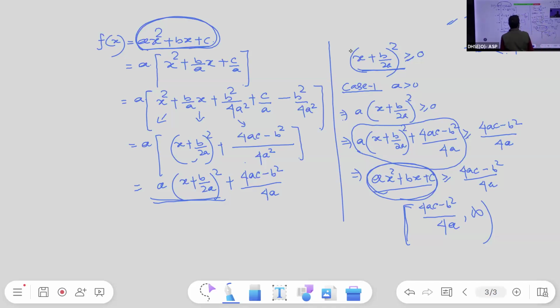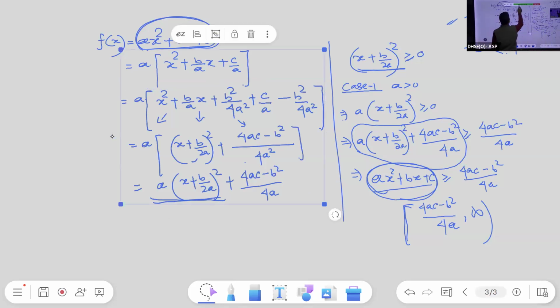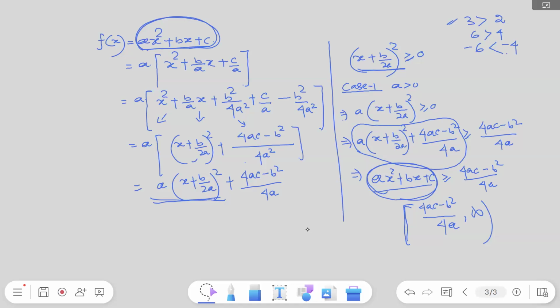Then we have to take another case, that is a less than 0. Quickly note it down, or if possible, I will create a space here also. Better to go next, please.